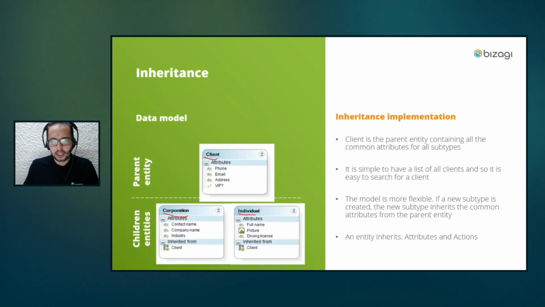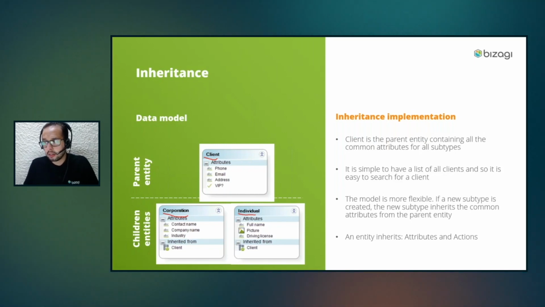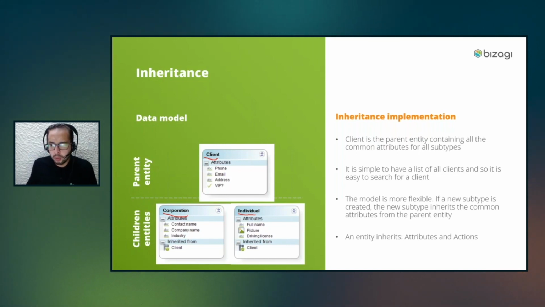Let's create just one entity for the corporation and one entity for the individual. Pretty easy. But then we start seeing things that maybe will not be as good as we want, because what happens if we want, for any reason, to go directly and search for all the clients? It will not be as easy as we were thinking, because now we have two separate tables, right?